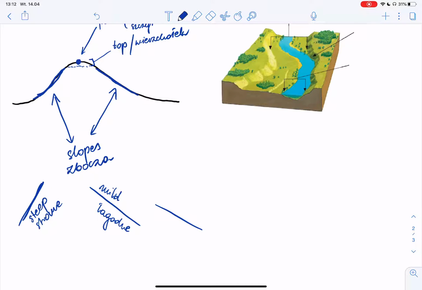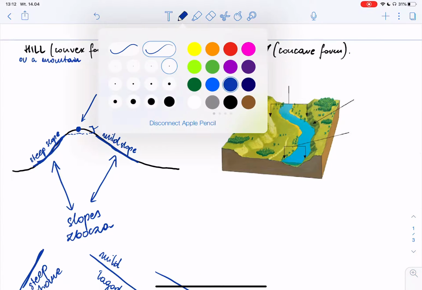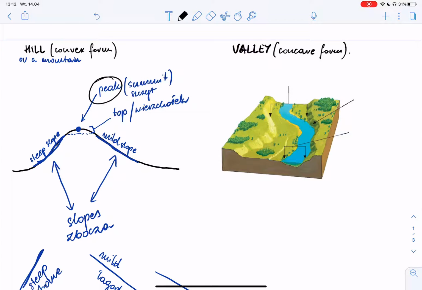So it is much easier to climb onto a mild slope, this one is a mild slope, than to a steep slope. So the elements that I want you to know are the peak, the top, and the slopes.